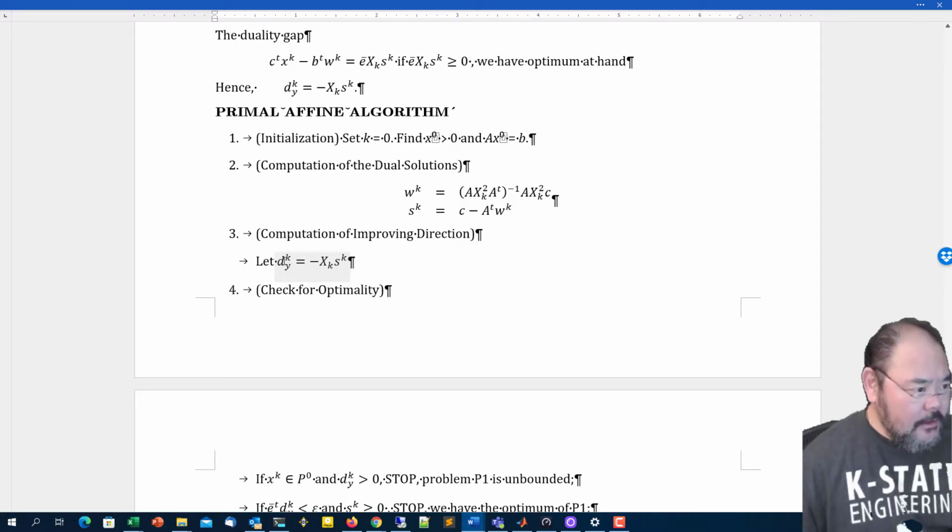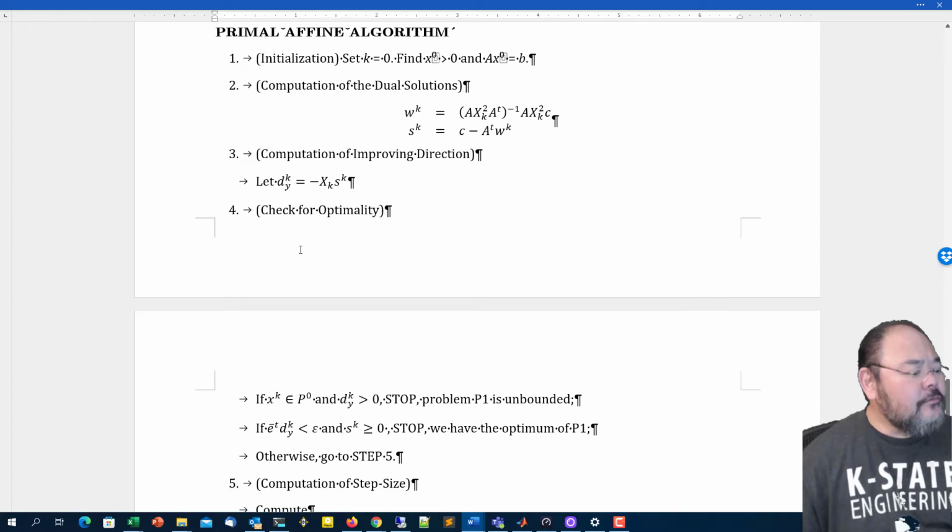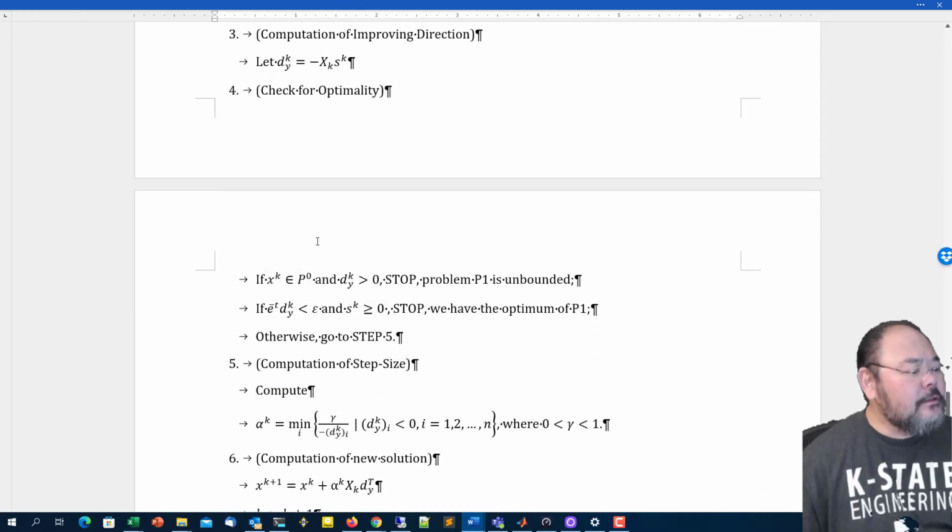Y is the affine transformed x, in a sense, negative Xk, capital Xk times sk, and check for optimality. Optimality here means the magnitude of y is less than a certain tolerance, and both x and s are greater than or equal to 0.